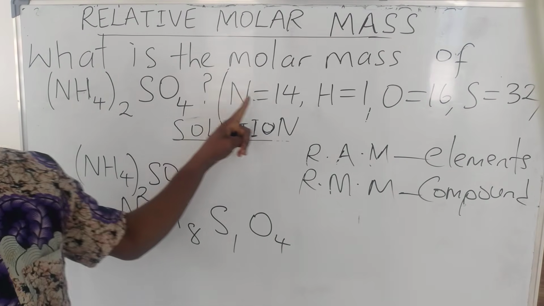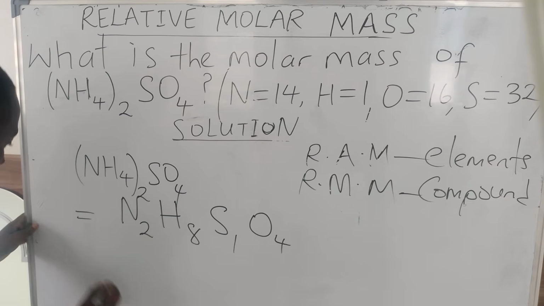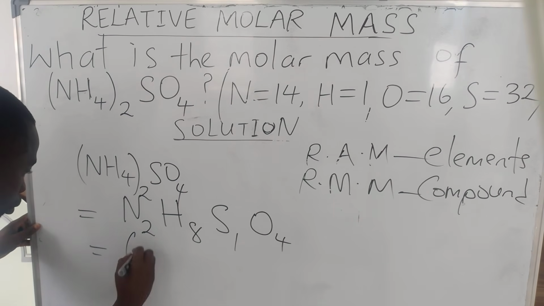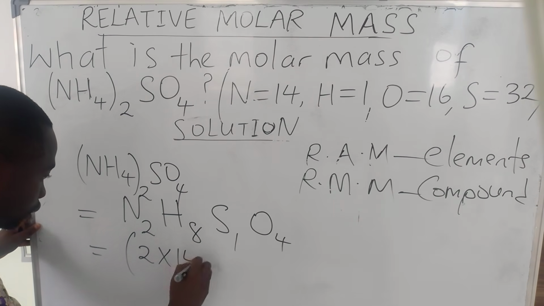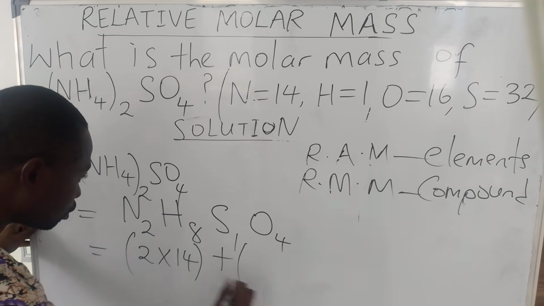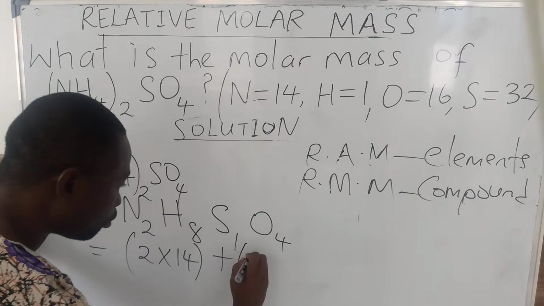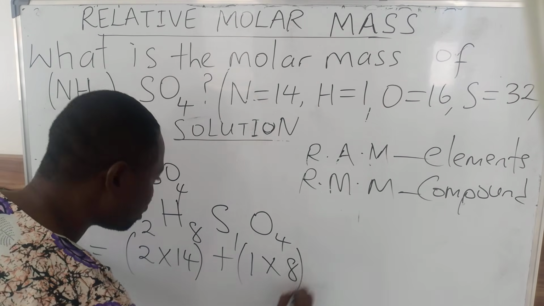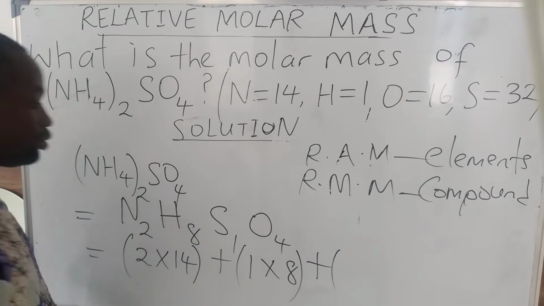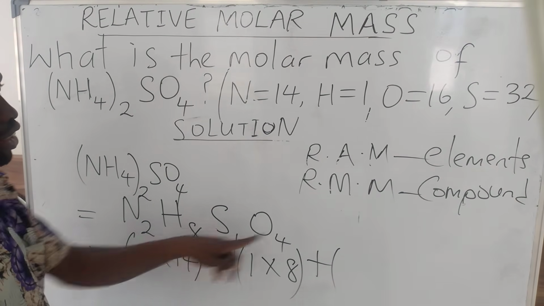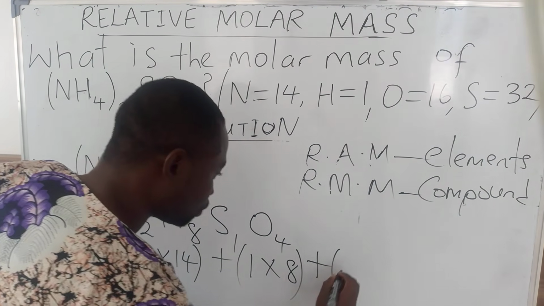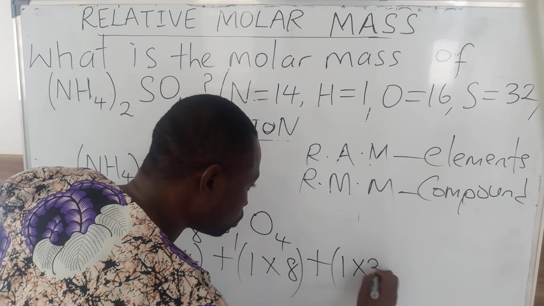Now we have N is equal to 14, so it's going to give us 2 times 14, plus H is equal to 1, 1 times 8, plus S is 32, so plus 1 times 32.